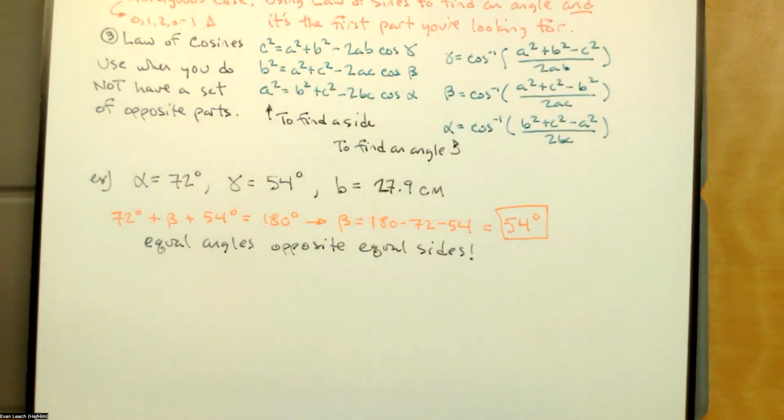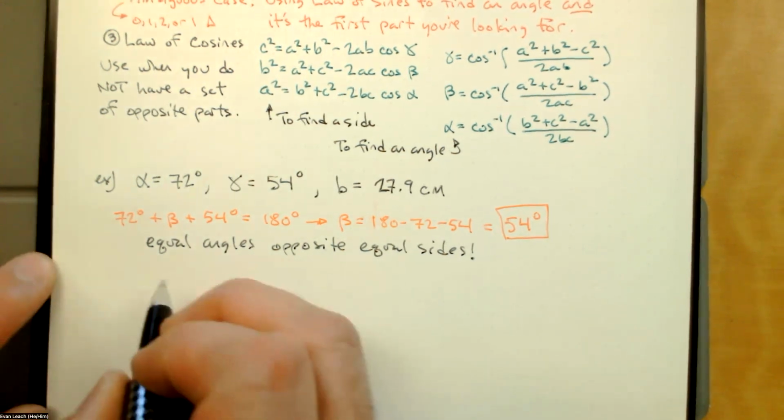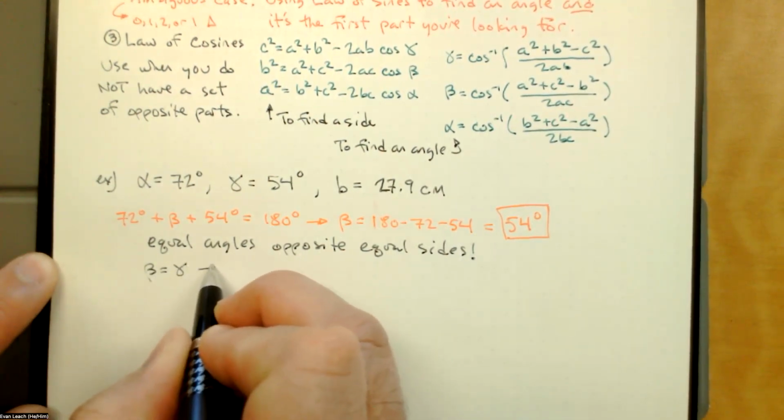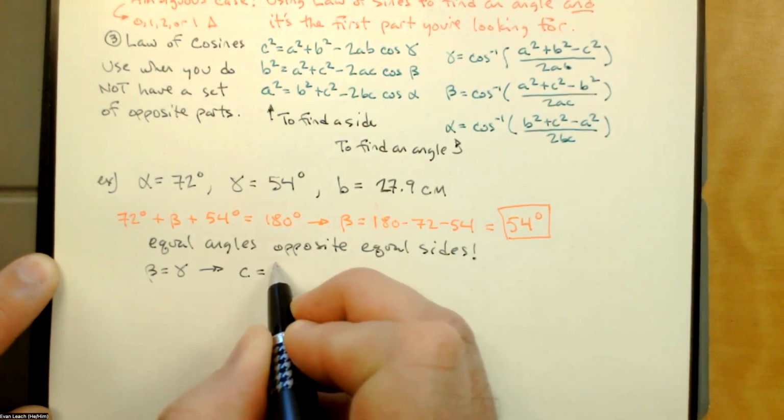Equal angles will be opposite equal sides. If two angles are equal, the two sides opposite those angles must also be equal. Since angle beta is equal to angle gamma, side C is equal to side B.